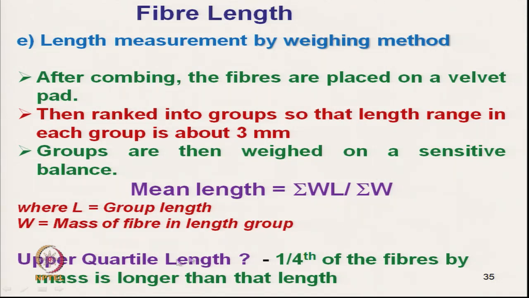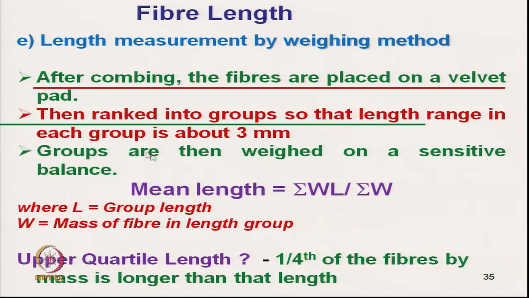The upper quartile length is the length that one quarter of the fibers by mass are longer than. First you have to rank them into groups so that the lengths are arranged between the groups.